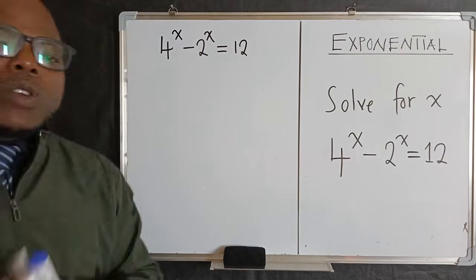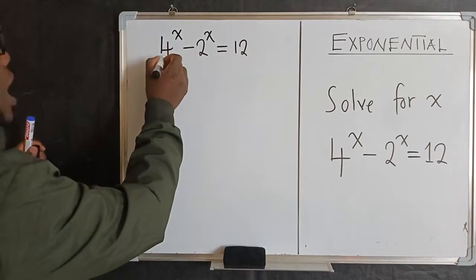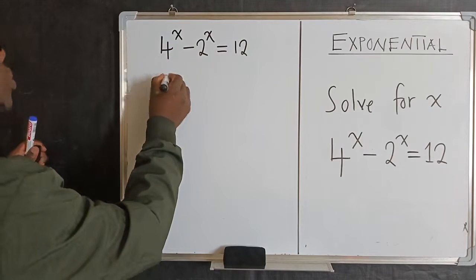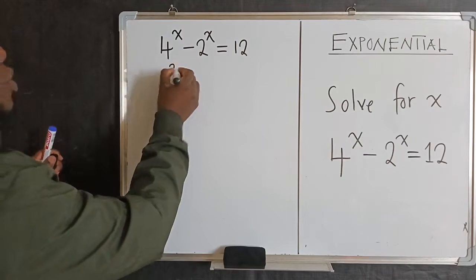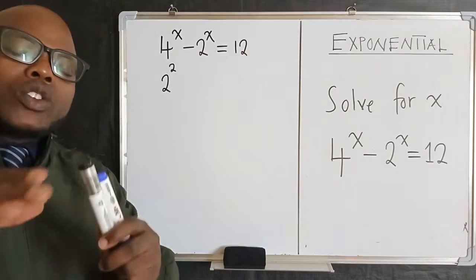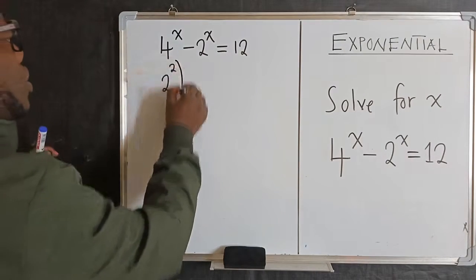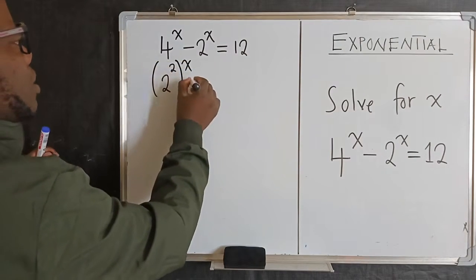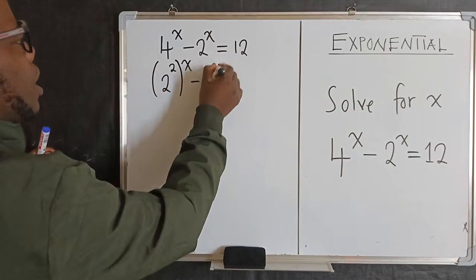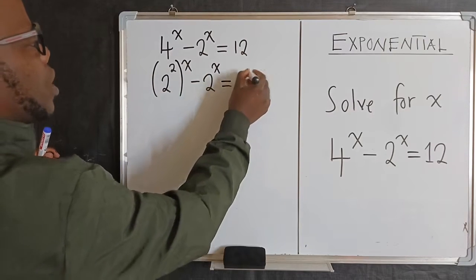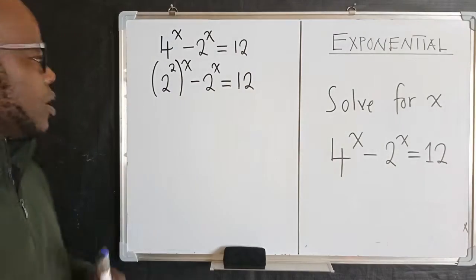Okay? And when we copy, we write this base as 2 power 2. Of course, we know that 2 power 2 gives us 4. So it will be (2 power 2) power x minus 2 power x, which is equal to 12.